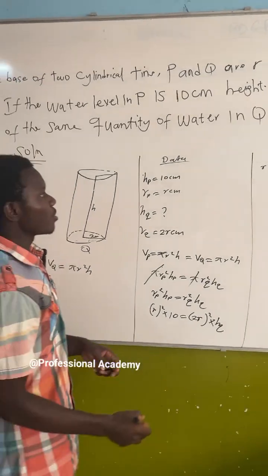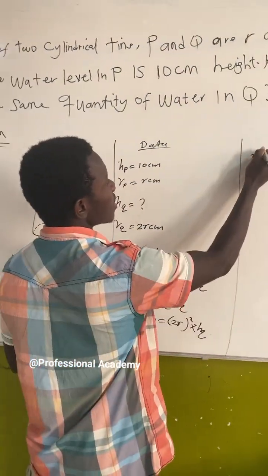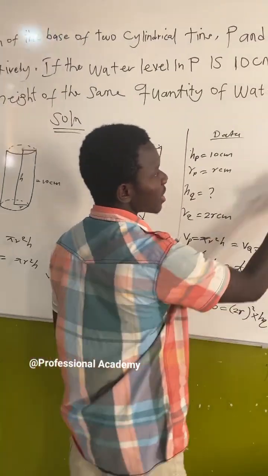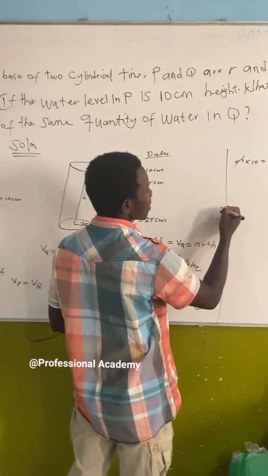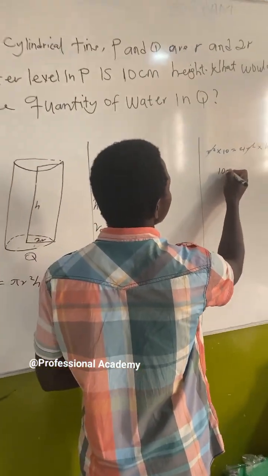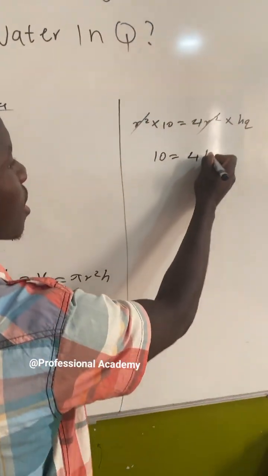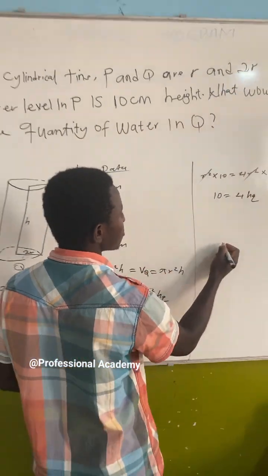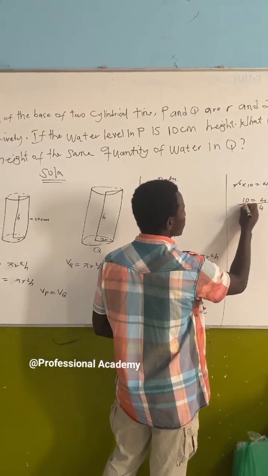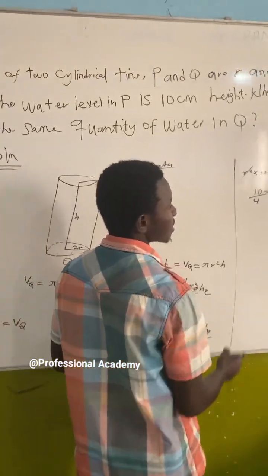If we cancel out the values, you see that r square cancels r square. So we are left with 10 equals 4hQ, meaning height of Q. If you divide both sides by 4, this cancels this.